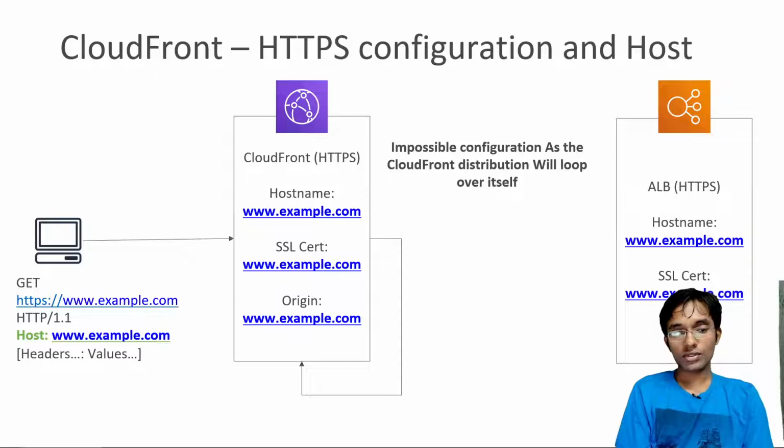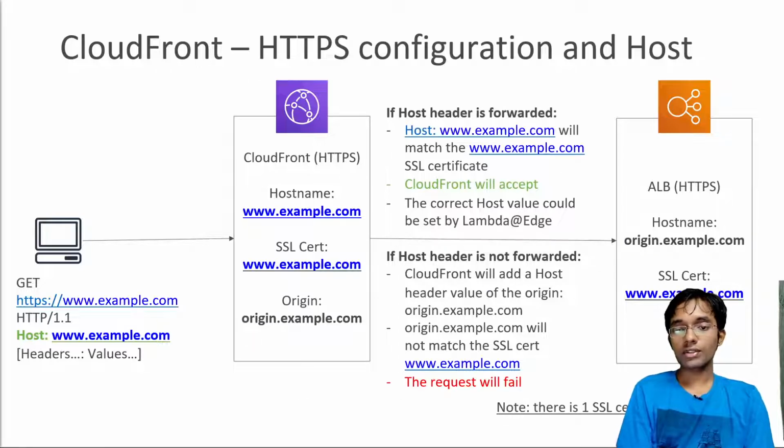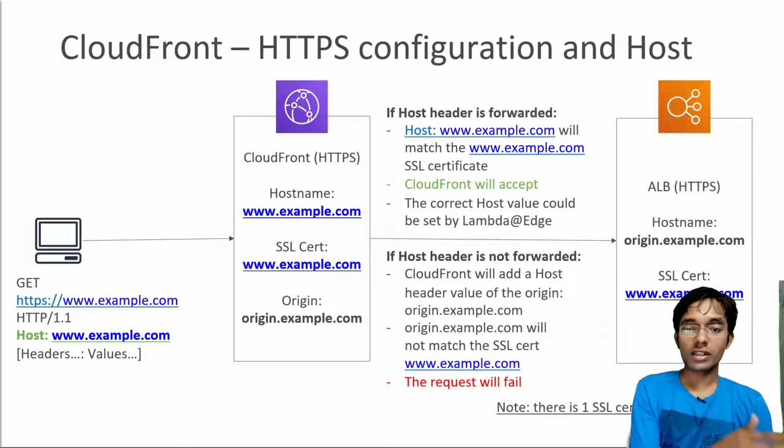But let's look at another configuration that may work. So we have our CloudFront distribution on HTTPS, and the host name is www.example.com. The SSL certificate is again www.example.com, which is correct, and the origin has to be something different than our CloudFront host name, so we are getting back to origin.example.com.